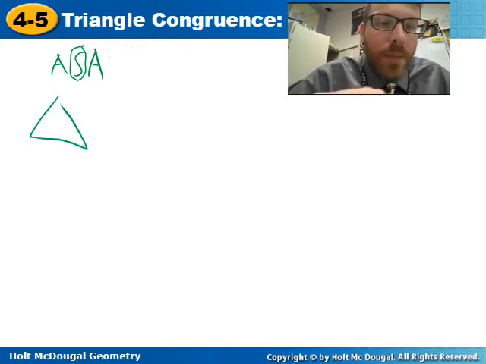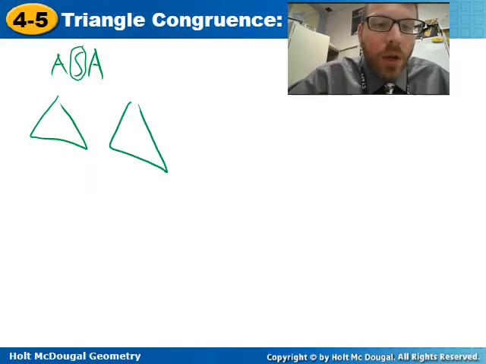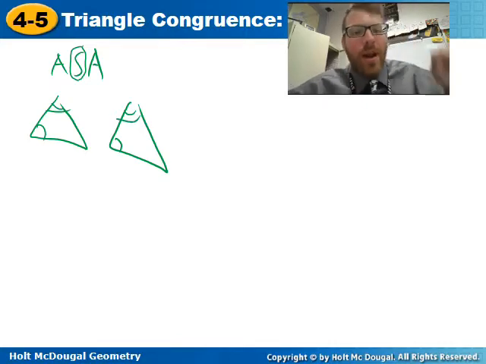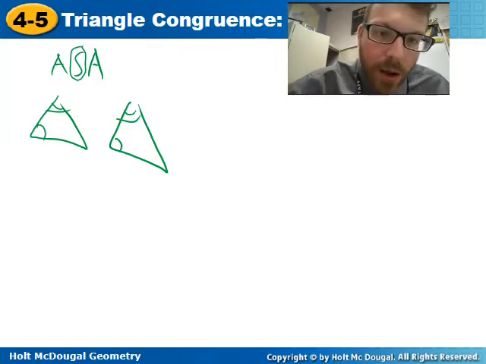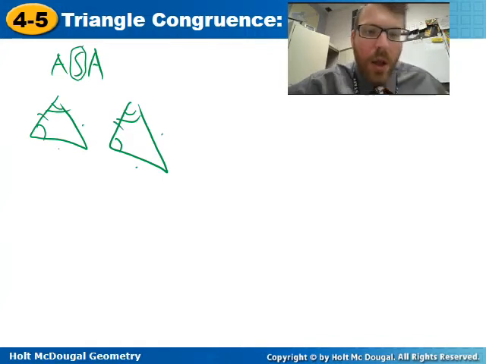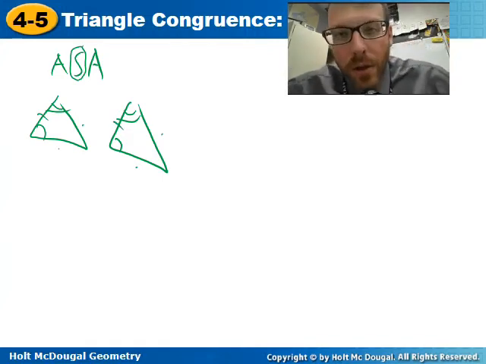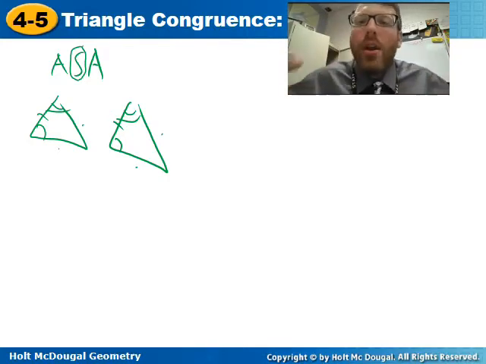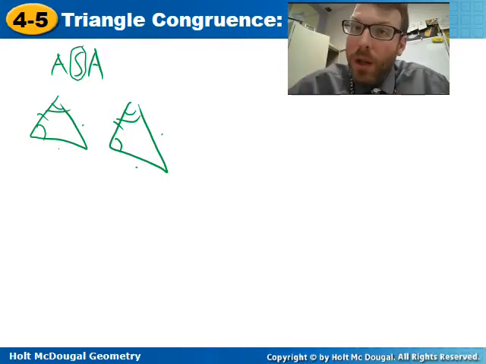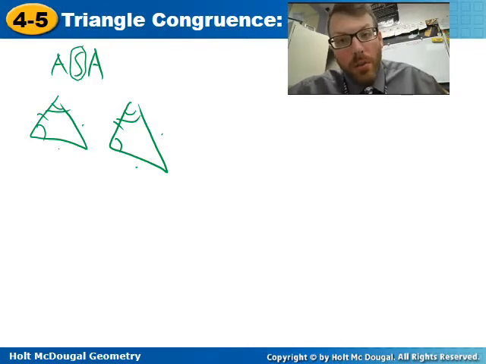If I show you 2 triangles, this angle is congruent to this angle, that means the side that has to be congruent has to be in between those 2, okay? It cannot be out here, it cannot be out here. It has to be here. Now, if I show that those 2 sides are congruent and that the angles are congruent, then these 2 triangles are congruent. And since they're congruent, all their parts are also congruent. So I don't have to prove all 6 parts. I only have to prove 3.